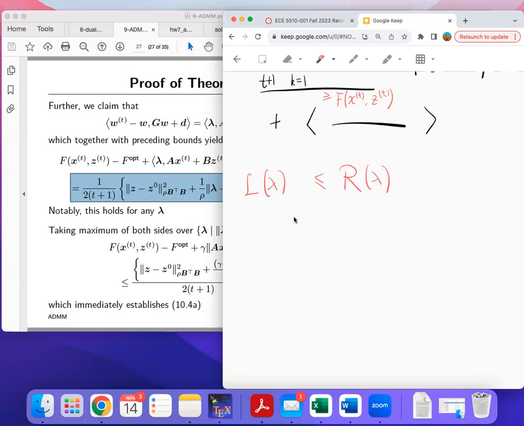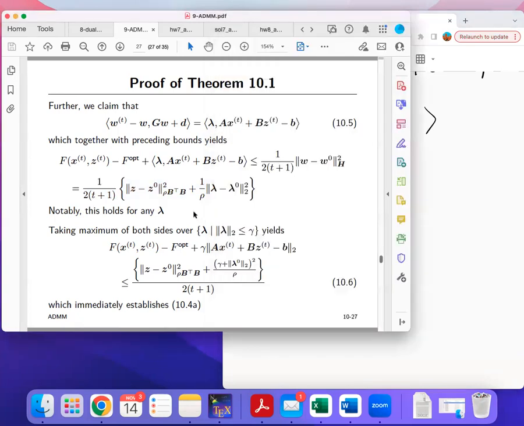And this holds for any lambda, so we can just take the maximum.